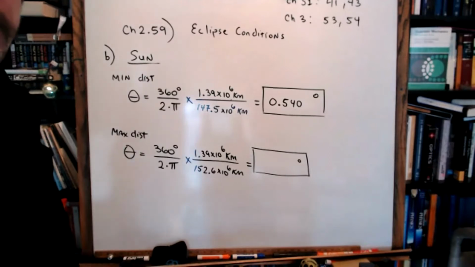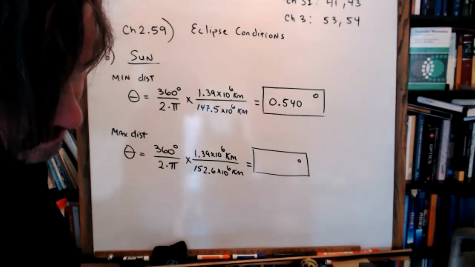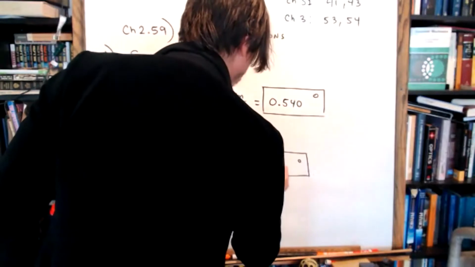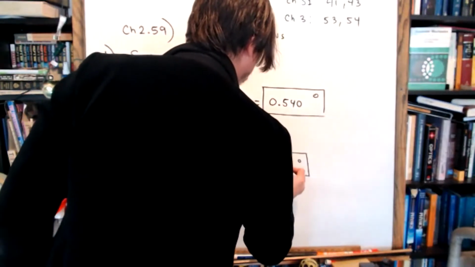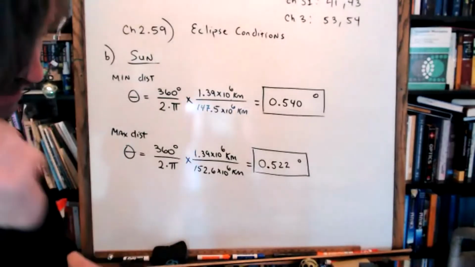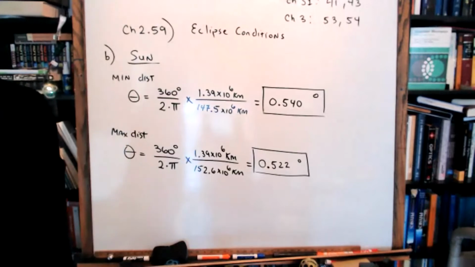Okay, read it out to me, 3 sig figs. 0.522. Yeah, 0.522. Was that Brian? Yes. Cool, I just wanted to make sure I recognized the voice. Sabrina, did you get it this time? I did. Awesome. That's good.